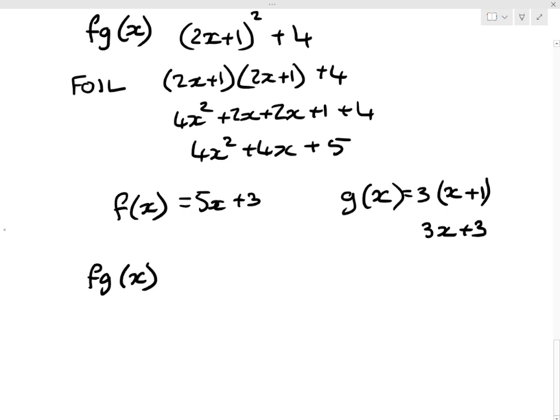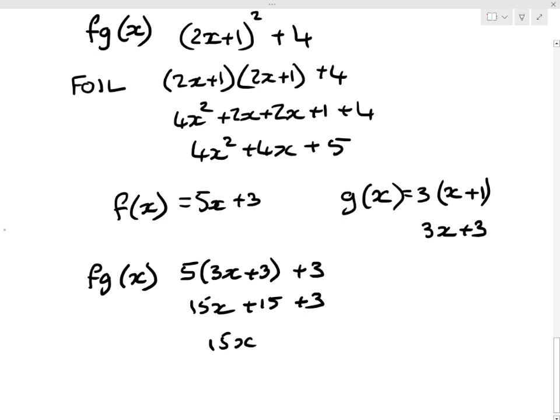And so we put the g inside the f. So this will be 5 times the g bit and plus a 3 from the f. So expand, and then tidy up, collect like terms, 18.